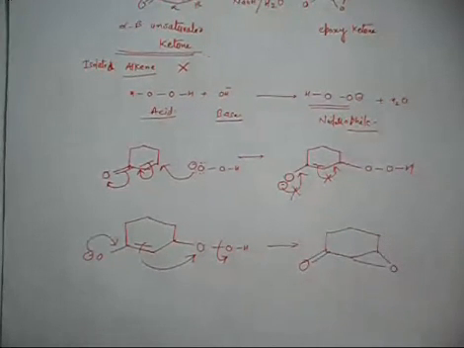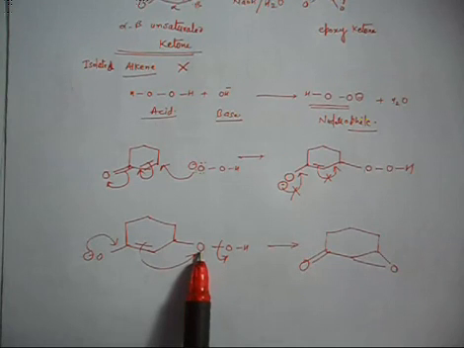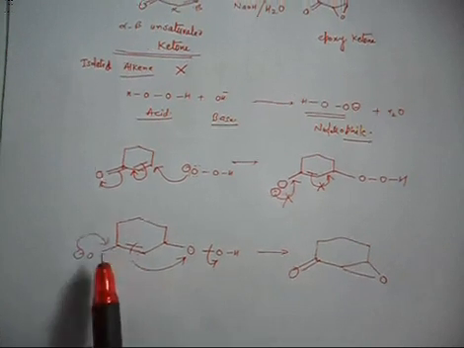In this case, the only important part is that I have to break the OO bond. Once we have used one OH minus as a base, I can remove it, because the base is acting as a catalyst. Once I remove OH minus, this oxygen gets a positive charge. To remove this positive charge, I have to attack this double bond.